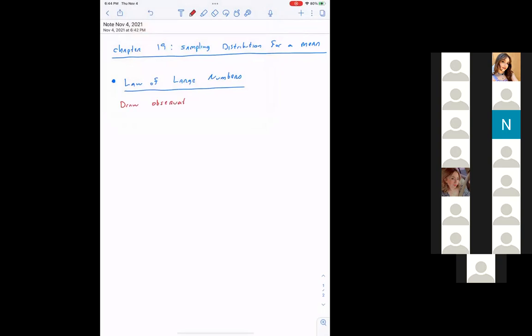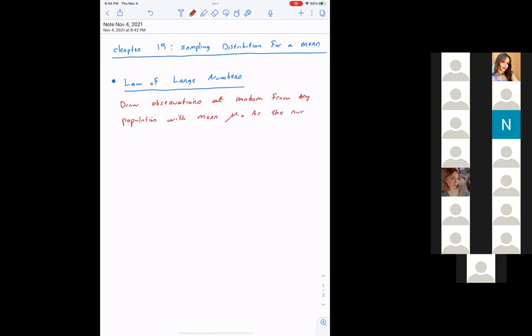observations at random from any population with mean mu.